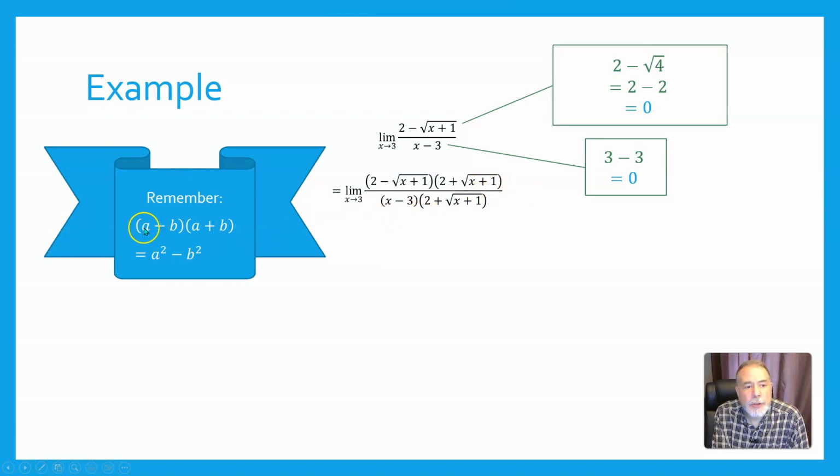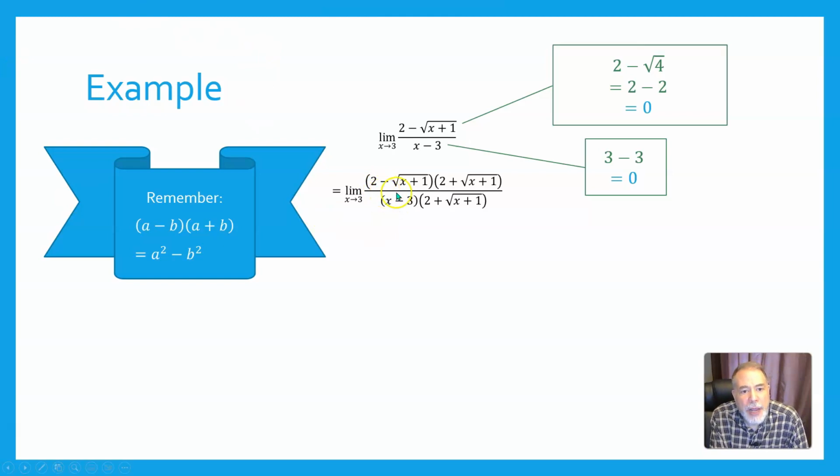Because when you multiply something minus something by that same something plus that same other something, you get the first thing squared minus the second thing squared. So two binomials that are the same except that one has a minus and one has a plus, when you multiply them together, you just get the first thing squared minus the second thing squared. So that's what I did here.